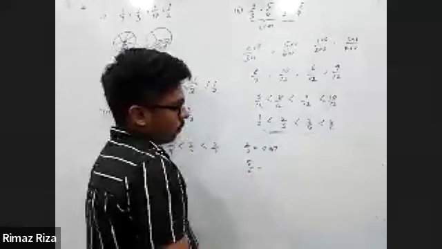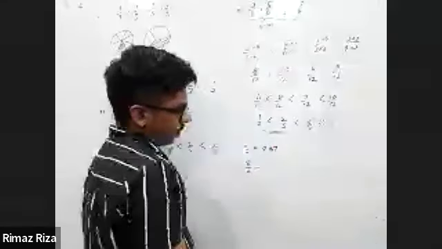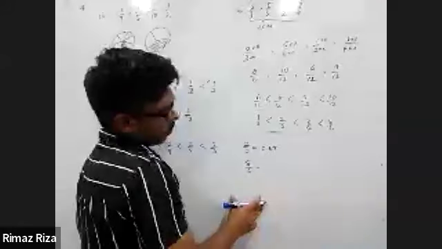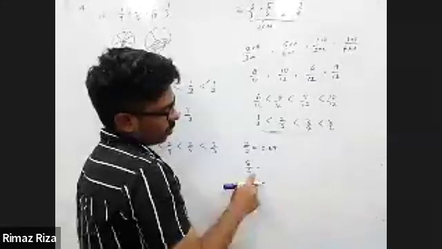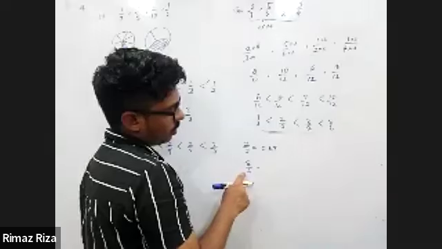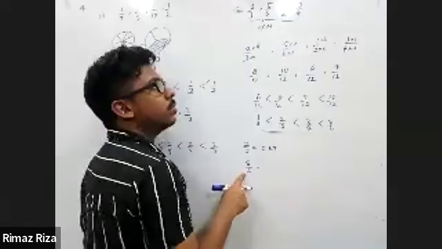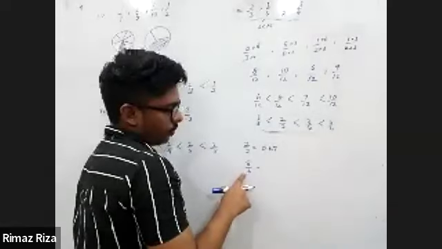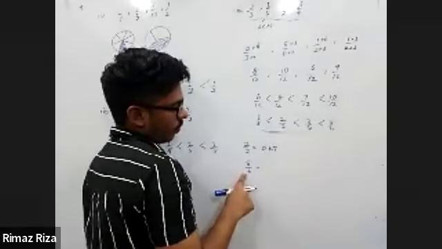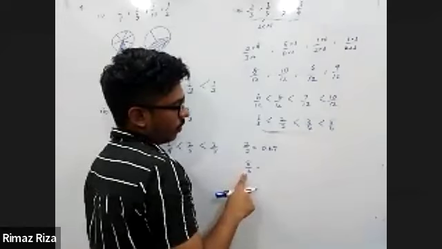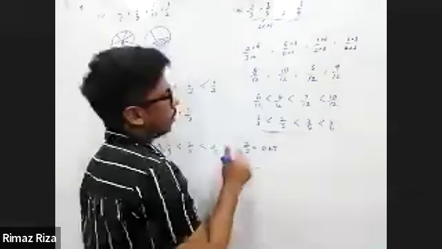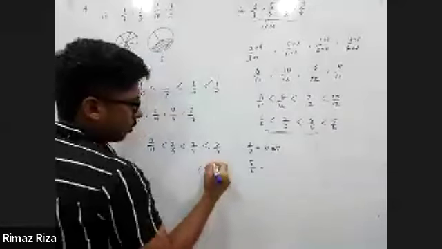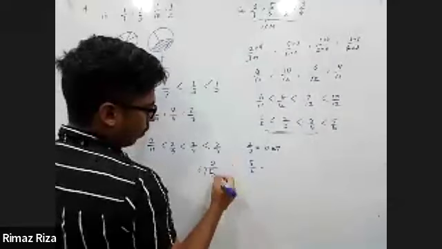Okay, 5 over 6. How can I divide 5 over 6? So 5 divided by 6, 0.8.